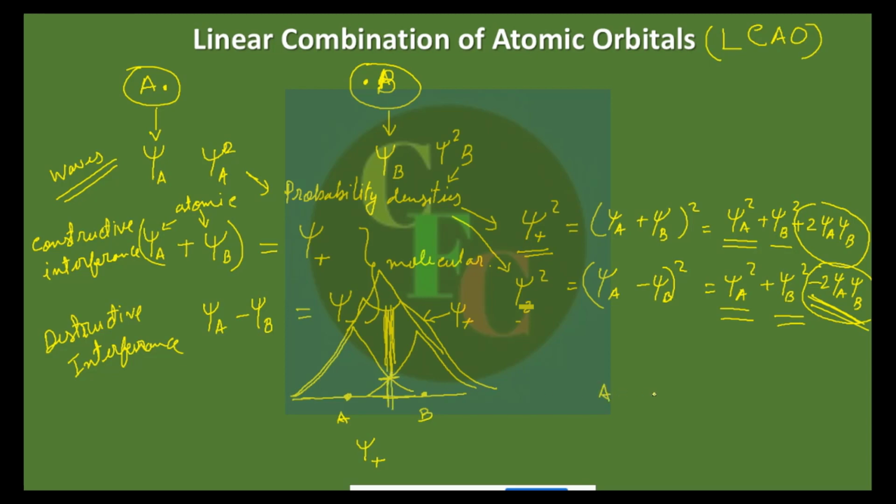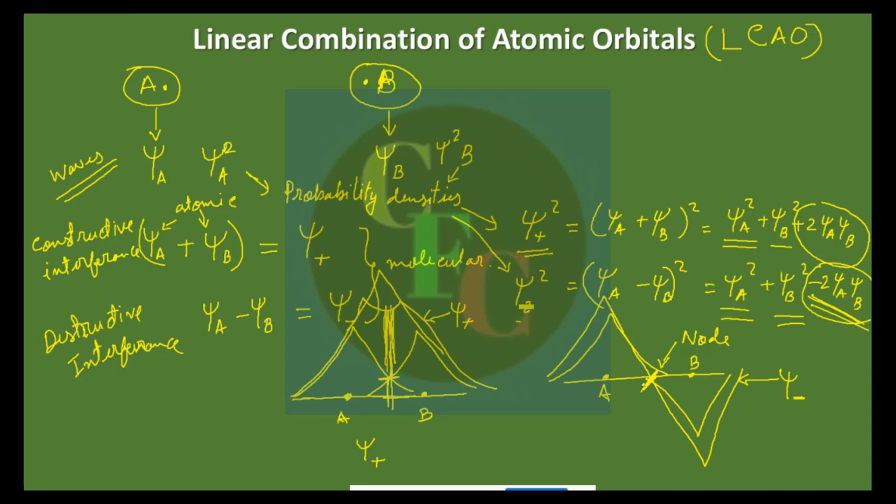Whereas if it is a destructive interference, that means they are out of phase, psi A and psi B, what will be the result? The result will be like this. Now you see it is 0 here, that means this is a node.